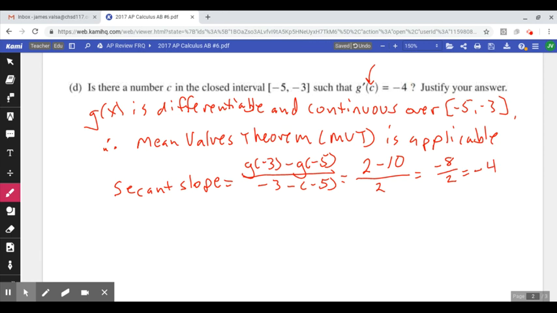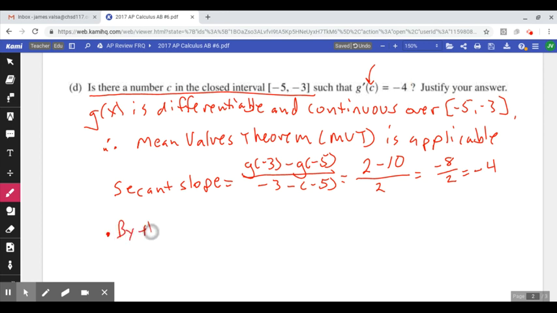Now, what does that mean? Well, that means that there is some value of c where g prime at c is also equal to negative 4, or the slope of the tangent line is equal to the slope of that secant line. So we want to answer this question, right? Reread the question if you need to. Is there a number c on this closed interval? So you could say something like, by the MVT. It's useful to state what you're using.